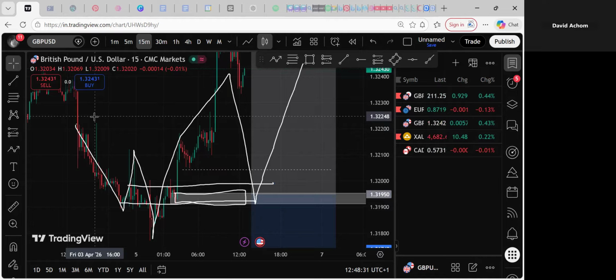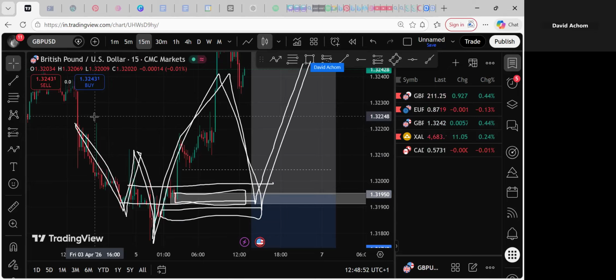Whatever entry reason it is, I'm happy for you. This is also another order block. Some people can choose to enter off this one. That can also be your entry reason. But whatever entry reason you're using, let it be that you found what he showed you, which is the pattern: break, clear liquidity to the down, clear to the up, then come back for us to go with you.